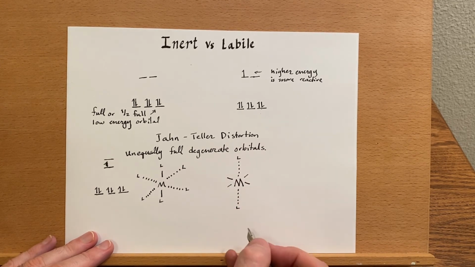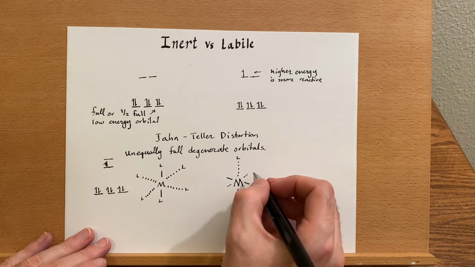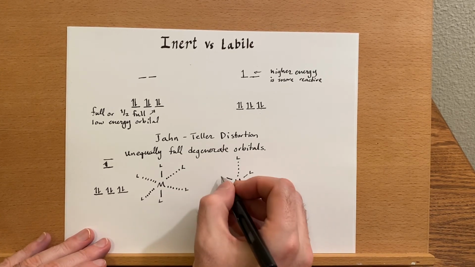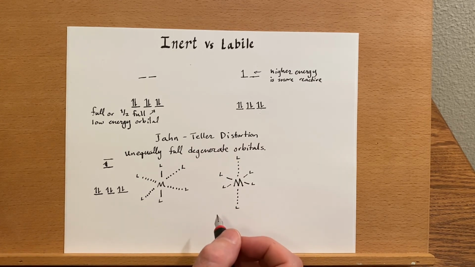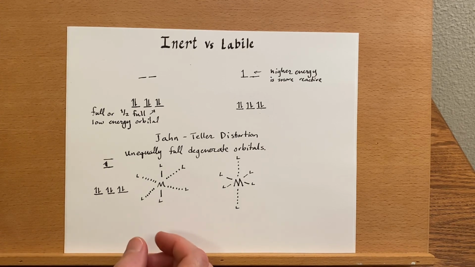Now, I'm obviously over-exaggerating this, so it's very clear. Often this distortion is very minute. And again, in the case of a d7, it would be more pronounced, and likely you would notice something in X-ray crystallography structures in that case. If there's unequal filling in the t2g orbital, you may not notice a change in the geometry.